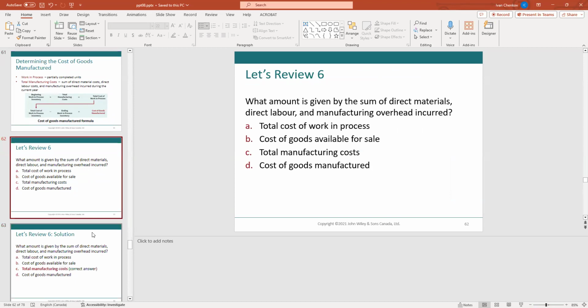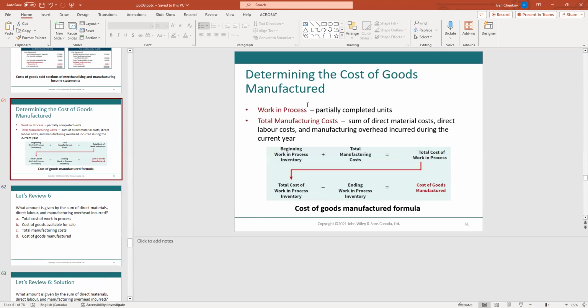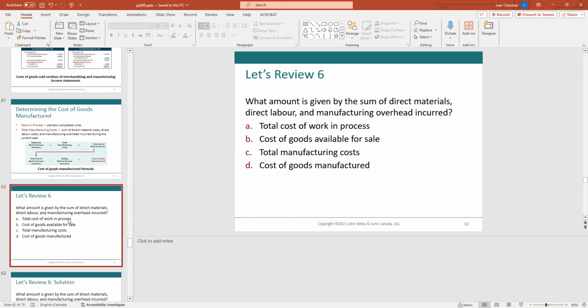Let's try this question, and you're going to tell me what you think. So here, sum of direct material, direct labor, and manufacturing overhead. See how it's called? Let's apply it here.